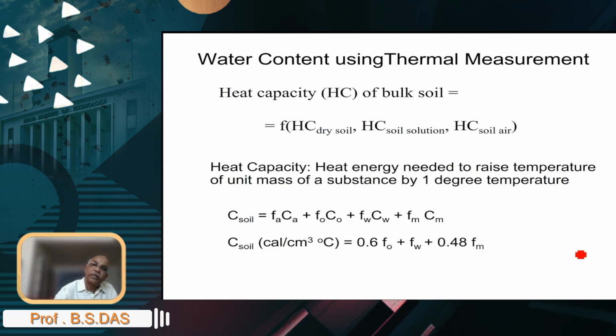Depending on the volume fraction of air, you have the volumetric heat capacity of air. So the bulk volumetric heat capacity of the soil will be the sum of the volumetric heat capacity of the air phase, the organic matter phase, the water phase, and the mineral phase, each weighted by their respective volume fraction.